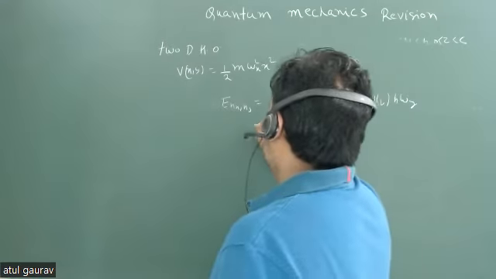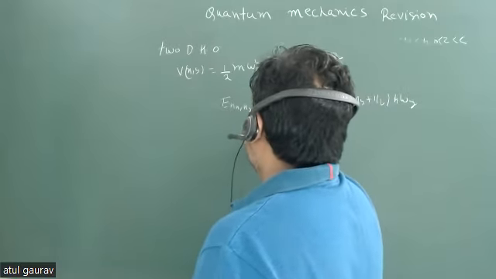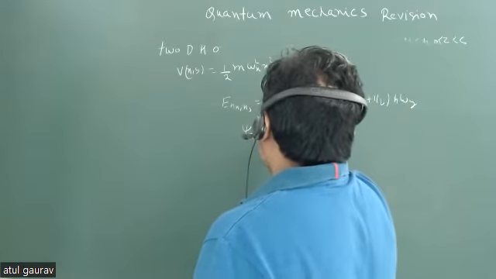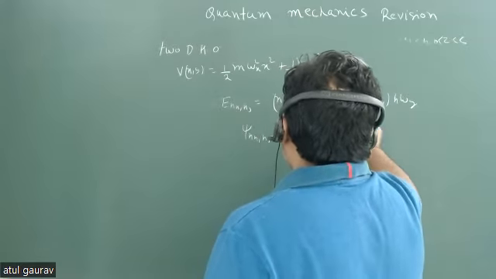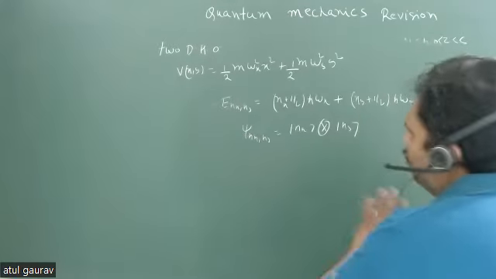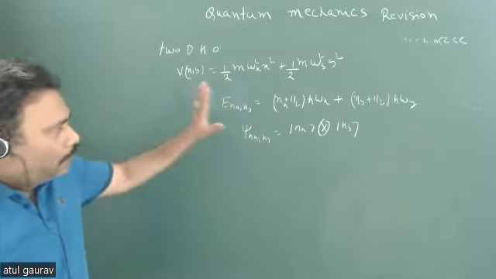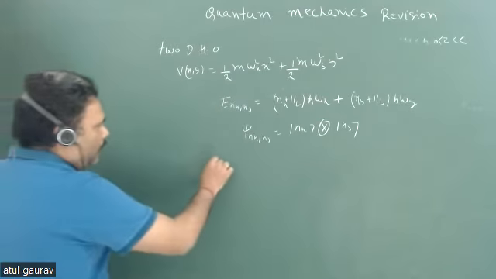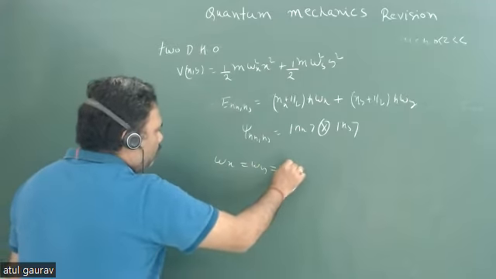And your wave function psi(nx,ny) is basically the ket for x as well as the ket for y. I am not going into unnecessary writing of all this. Now you have to prepare for the isotropic case, omega x equal to omega y equal to omega.